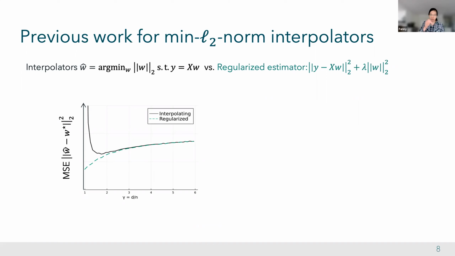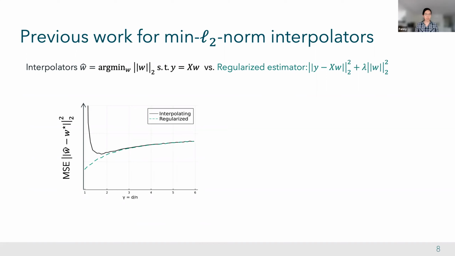And so people started studying minimum L2 norm interpolators and found the first very interesting intuition. What they compared are these interpolators, which is gradient descent until convergence, with ridge regularized estimators, which is essentially when you early stop. There, at each stopping time, you can find a corresponding lambda, the penalty coefficient.